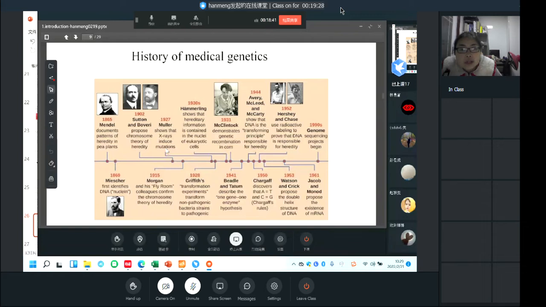And the most famous and the last one is in 1953, when Watson and Crick proposed the double helix structure of DNA. And then in the 1990s, the genome sequencing process began.